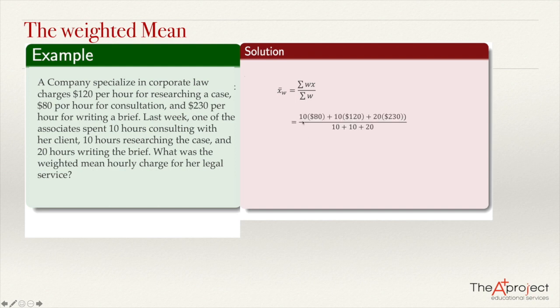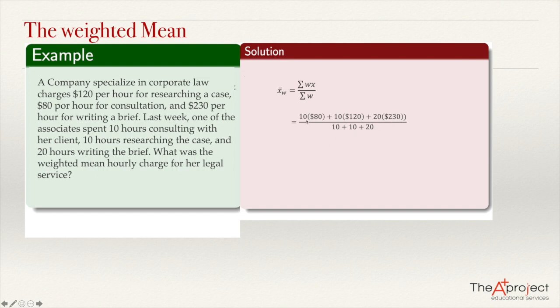So it will be 10 times 80, that is the consultation, 10 times 120 for researching, and then 230 times 20, because 230 is what they charge per hour for writing a brief, but they spent 20 hours writing the brief.